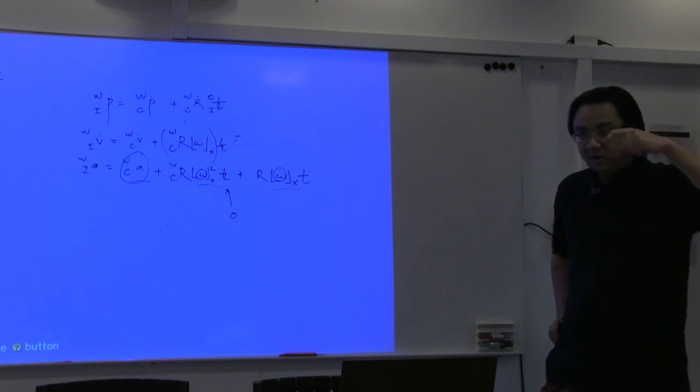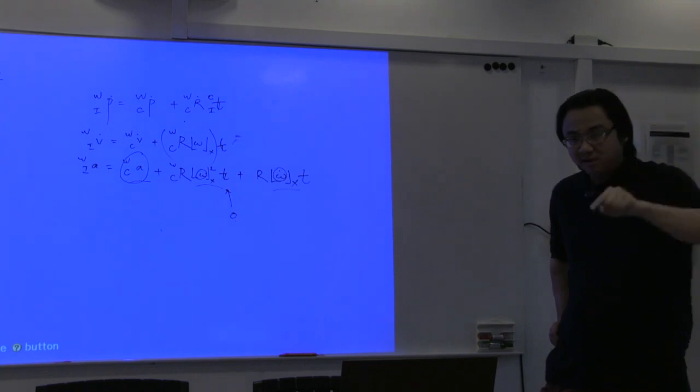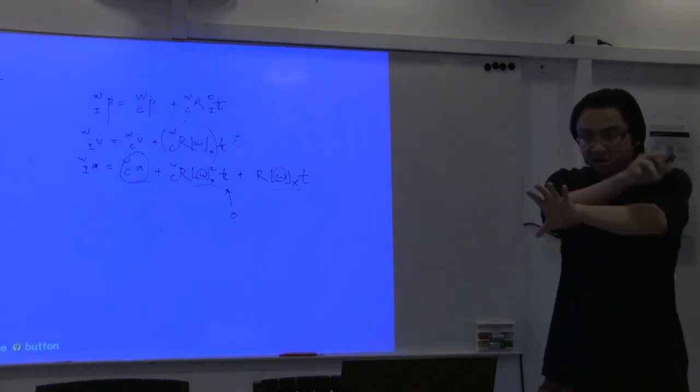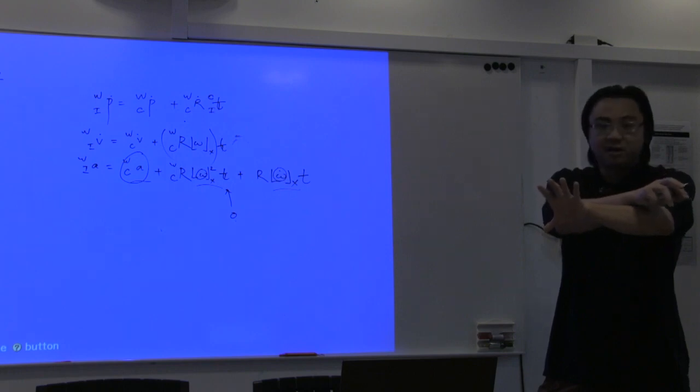If you put the body frame in the IMU, in principle you can do integration, get the trajectory of the IMU, and apply the extrinsic transformation to get the trajectory of the camera, right?